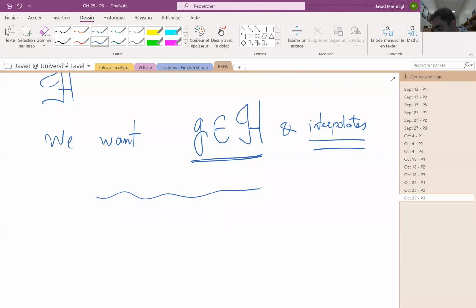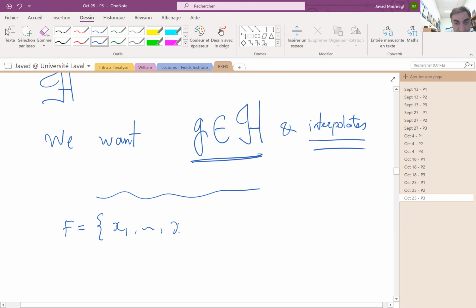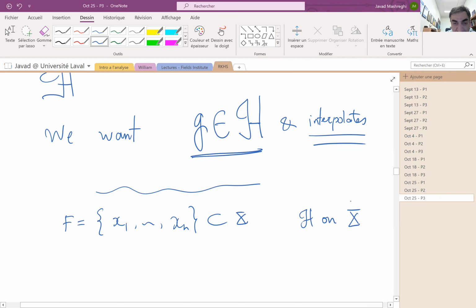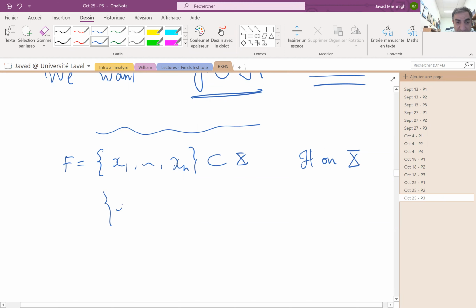Another notation which I will frequently use: I denote this set by F, x1 up to xn in X, and I have a reproducing kernel Hilbert space H on X. The space generated by the kernel functions kx1, kx2 up to kxn, I forgot a span, put here span.